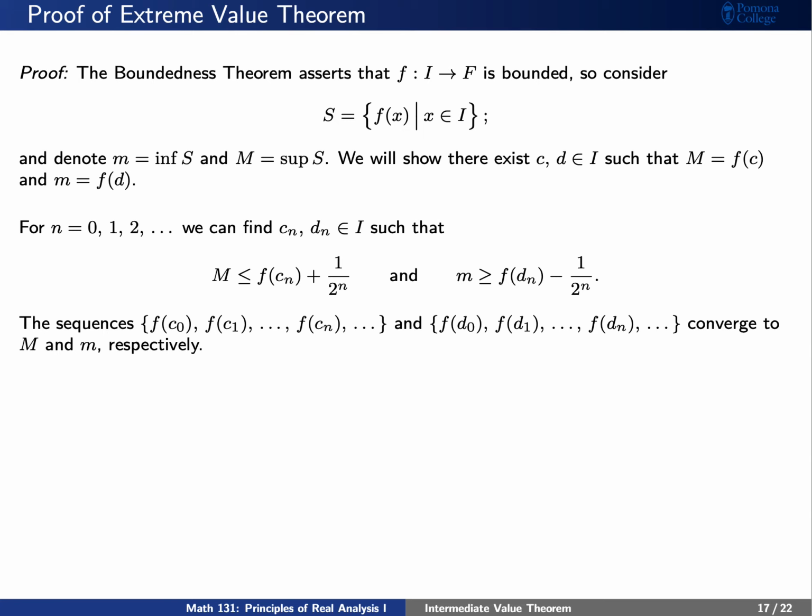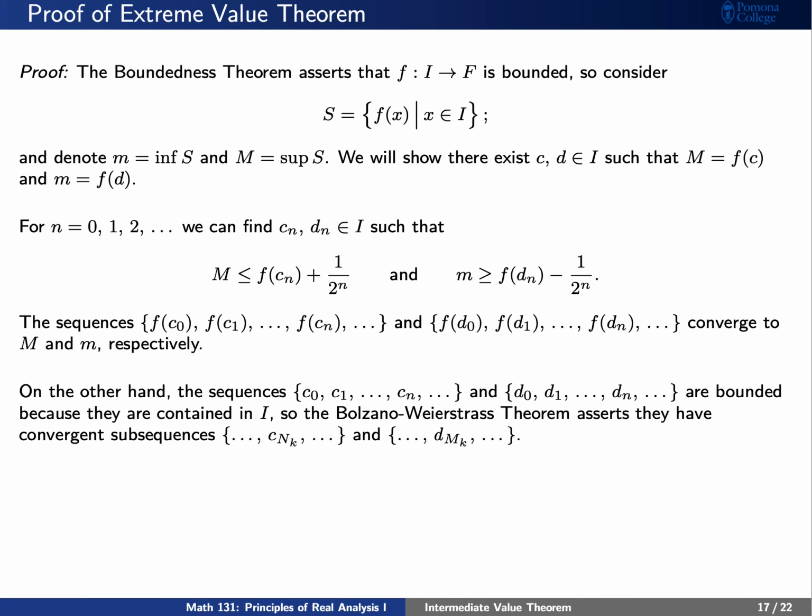In other words, f of c sub n plus 1 over 2 to the n should be greater than or equal to M, and f of d sub n minus 1 over 2 to the n should be less than or equal to m. This means that we have two sequences that converge to our least upper bound, capital M, and greatest lower bound, lowercase m.